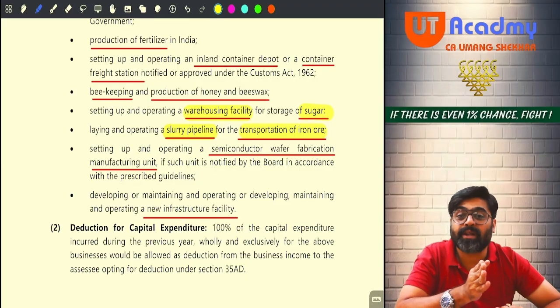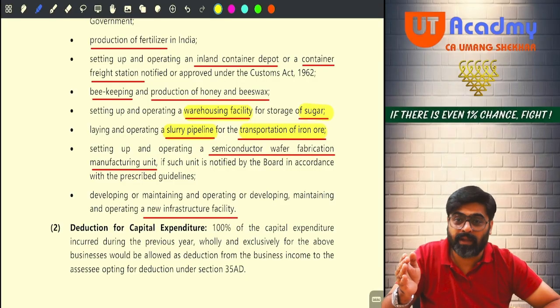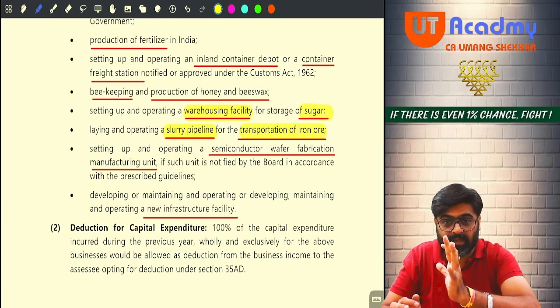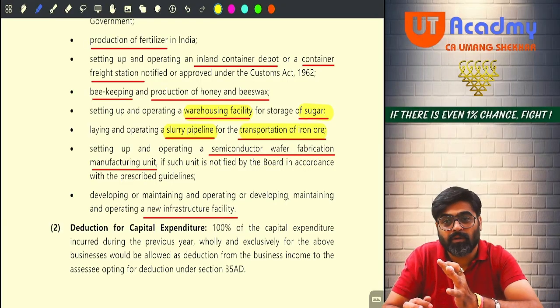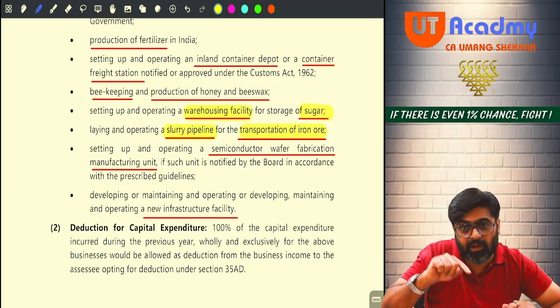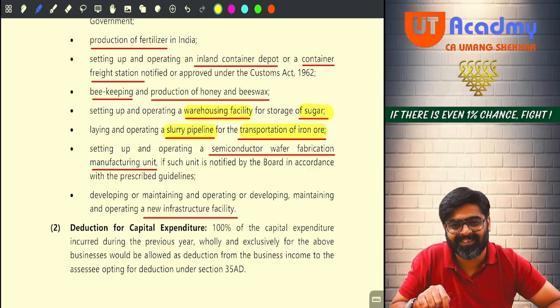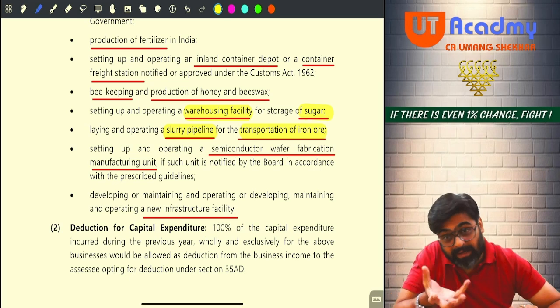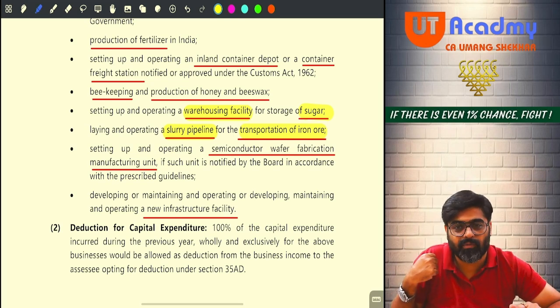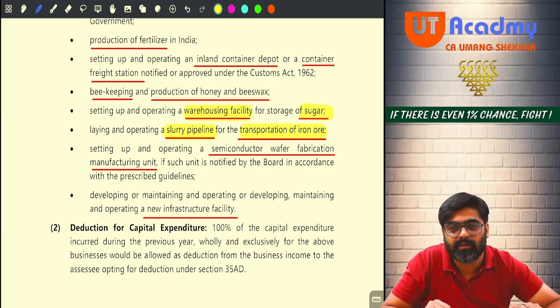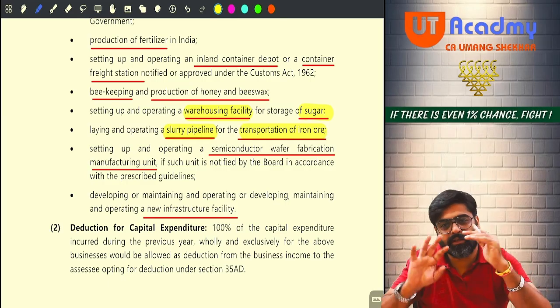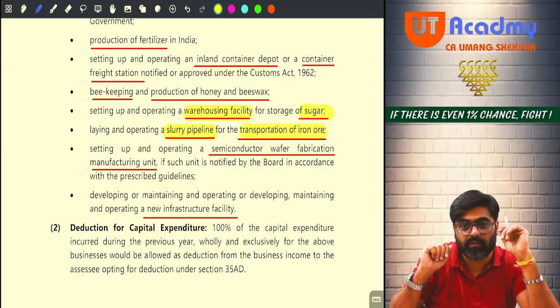Now with full pressure through pipelines, it is transported directly from mines to factories where iron will be extracted from that slurry. The slurry will directly reach the steel plant.